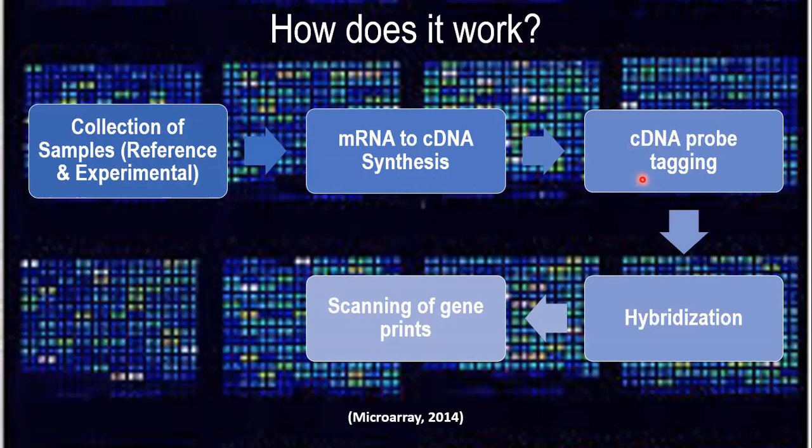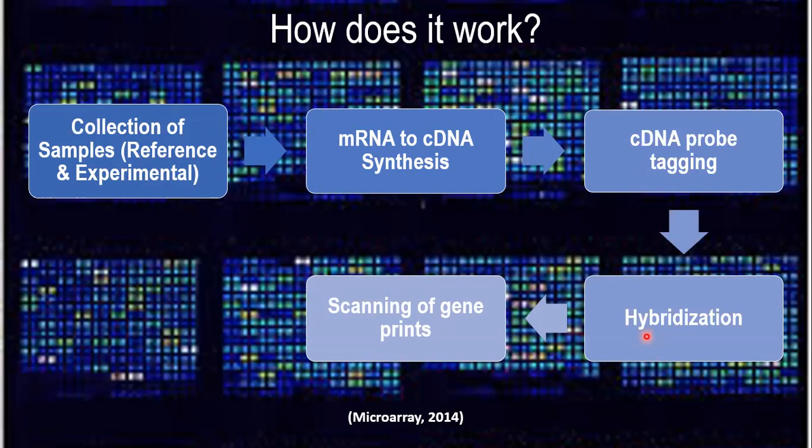The third step is probe tagging. Each sample is labeled with a fluorescent probe of a different color. For instance, the experimental complementary DNA sample may be labeled with a red fluorescent dye, whereas the reference complementary DNA may be labeled with a green fluorescent dye. This is followed by the fourth step, which is hybridization.